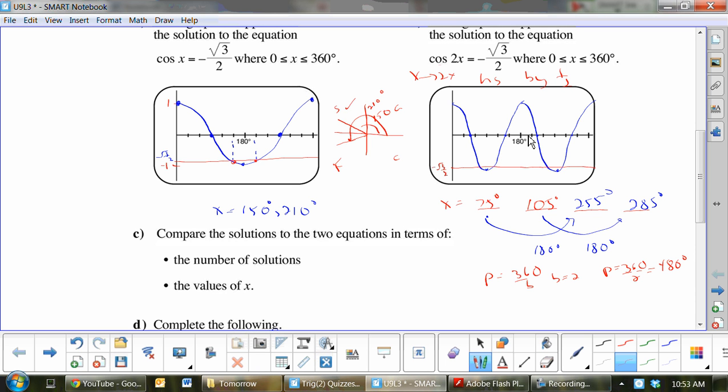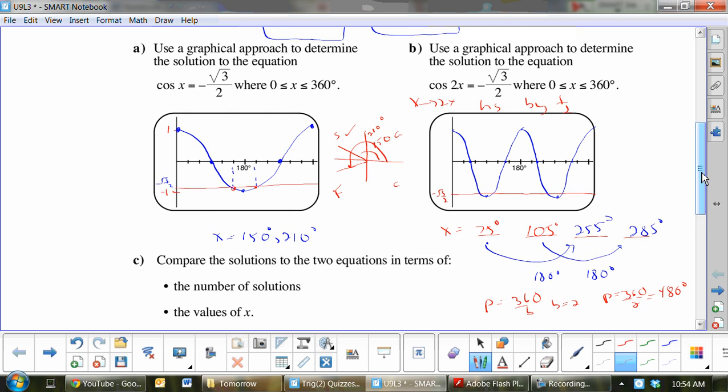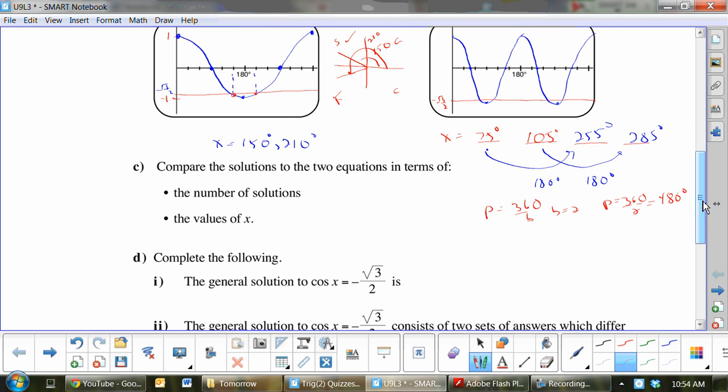Okay, now with all of this stuff here, we're going to do another question, and I want to see if you have established any rules. Because if you've got rules, you can do any question I give you now. So I'm going to do a nice extreme one on the side of your book here. Hopefully you've got enough room.